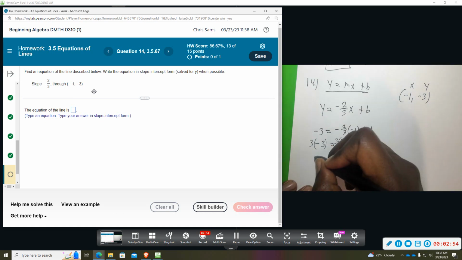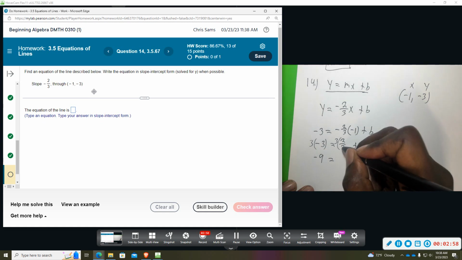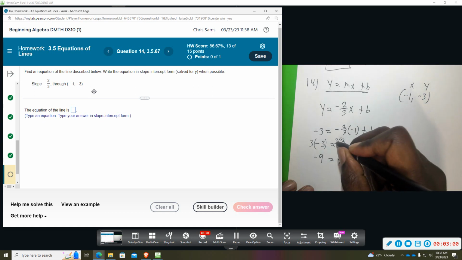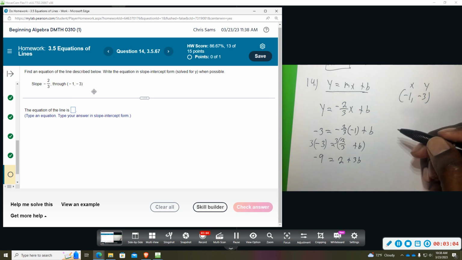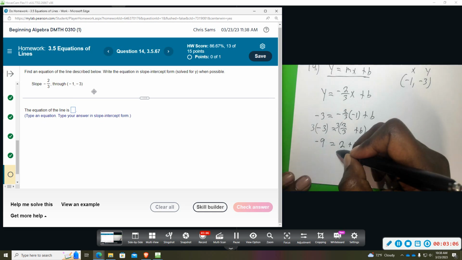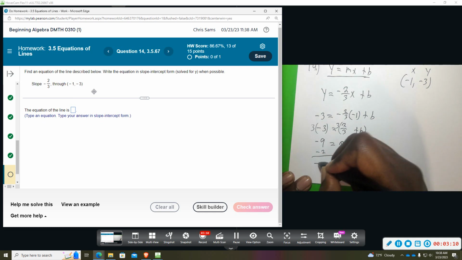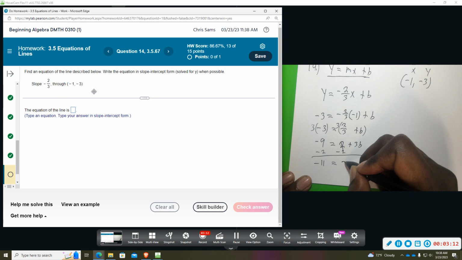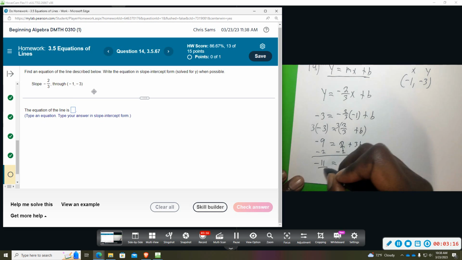3 times -3 is -9, equals, the 3 is going to cancel out the 3 here, leaving me with 2, plus 3 times b, so 3b. Now I'm going to subtract 2. It's going to give me -11 equals 3b, and then divide by 3, and we get b is equal to -11/3.